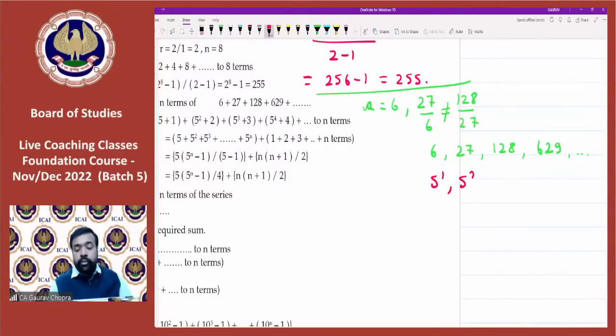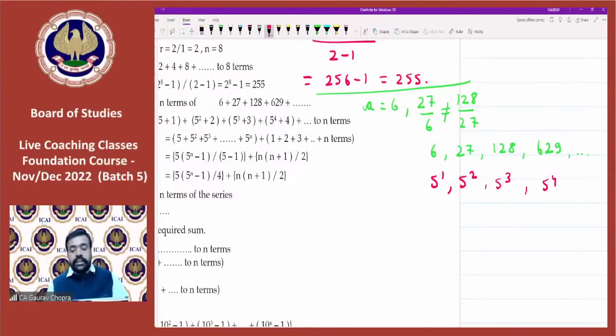Then 5 to the power of 2 is 25 and 27 is given. 5 to the power of 3 is 125 and 128 is given, and 5 to the power of 4 is 625 and 629 is given.